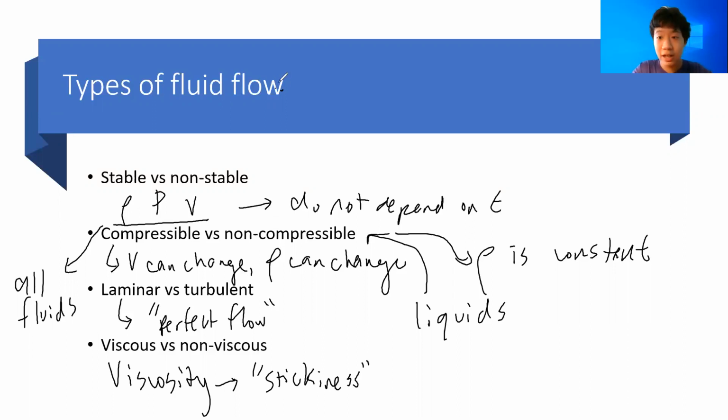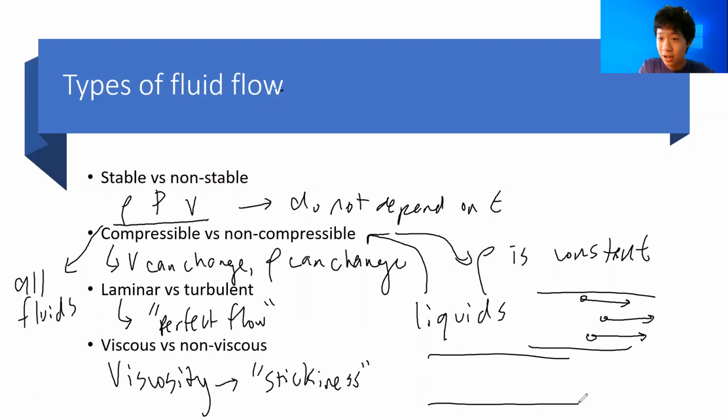And some people have confusion between what is laminar and what is viscous. Laminar flow, remember, is when all the particles are going in the right direction. Viscosity is not caused by molecules crashing into each other or going in wrong directions. It's caused by intermolecular forces between the molecules.